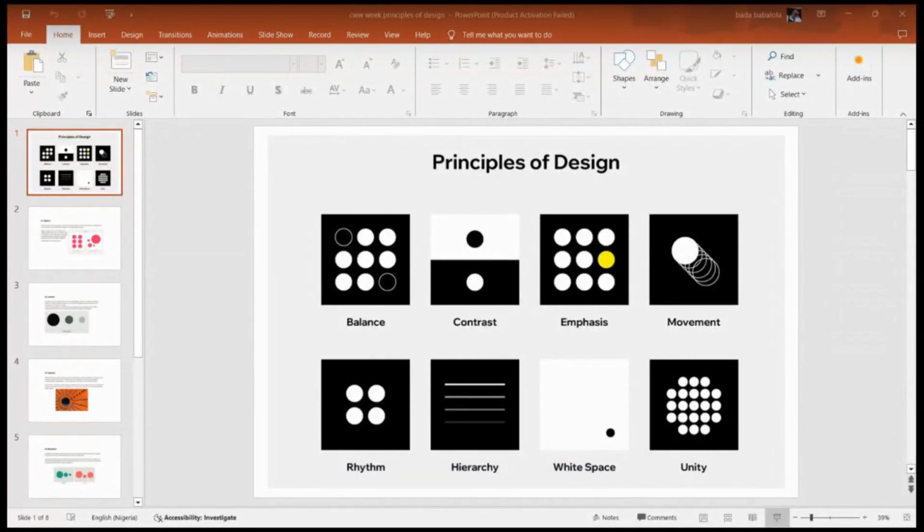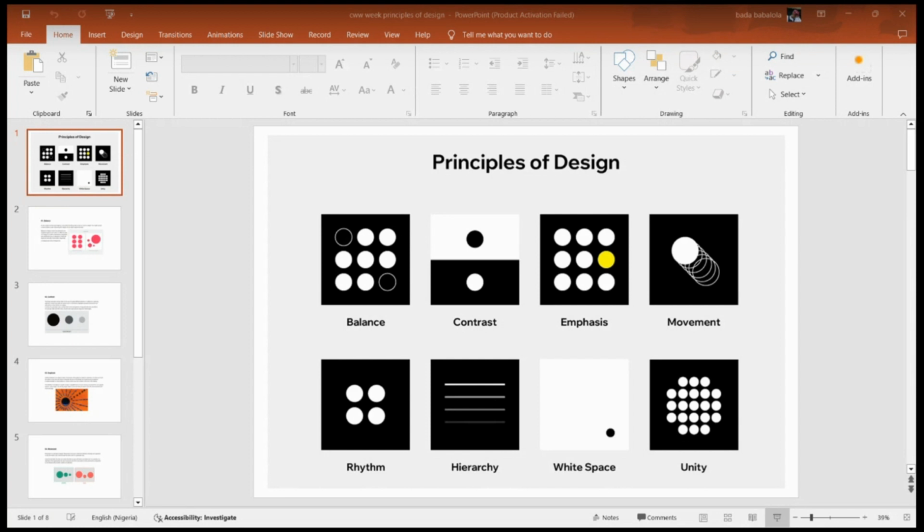So the first one is symmetrical. The symmetrical balance shows that we have six circles on a particular aspect of that big image. They have the same weight, the same height and the same breadth.